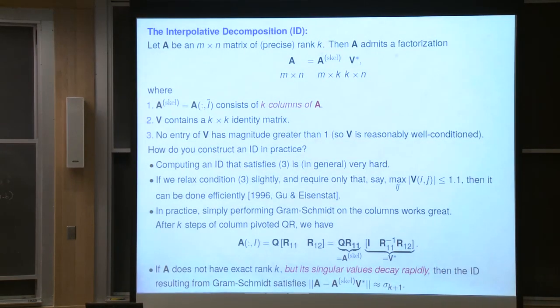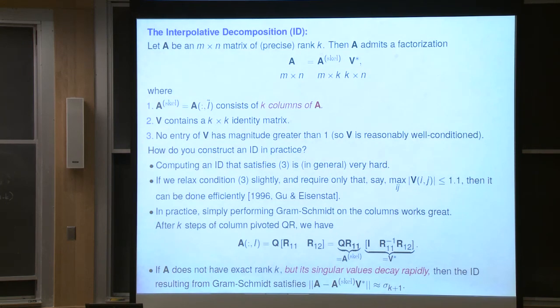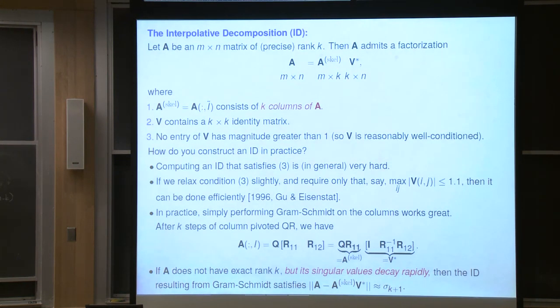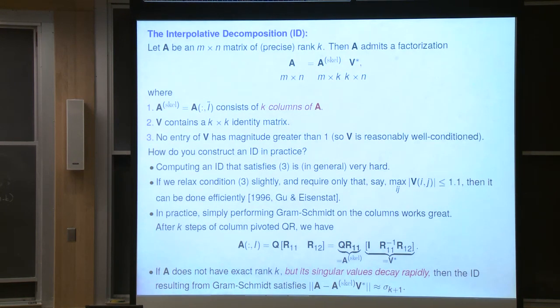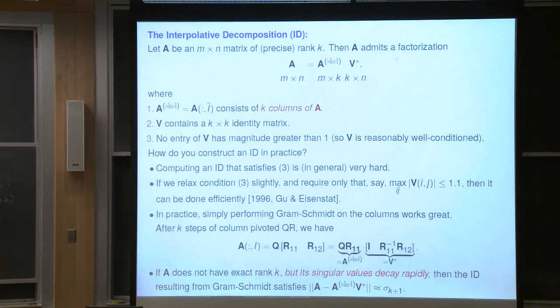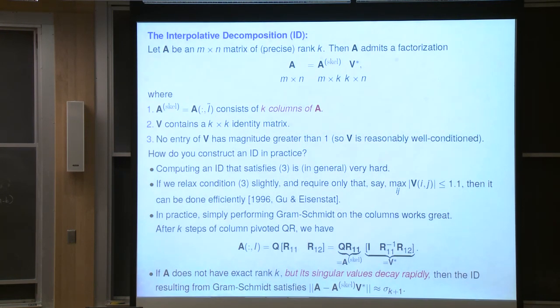So there exist very rigorous bounds by Gu and Eisenstat, saying that if you relax the condition that no entry of V must have modulus larger than 1, if you accept them to be 1.1 or 2 or just a little bit more, then it's a classical situation. You have some sort of CSE type problem that is extremely hard. You relax it slightly and now it becomes computationally very feasible.